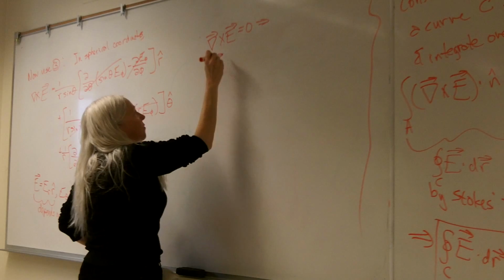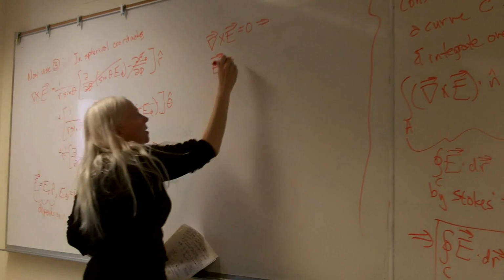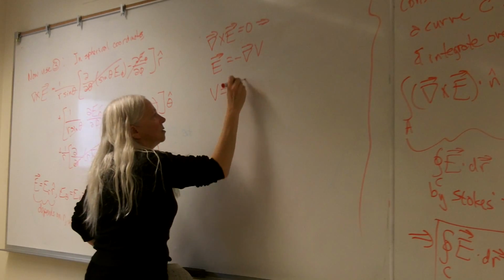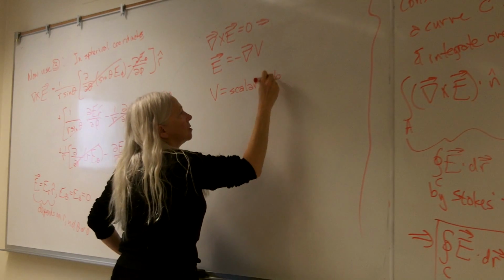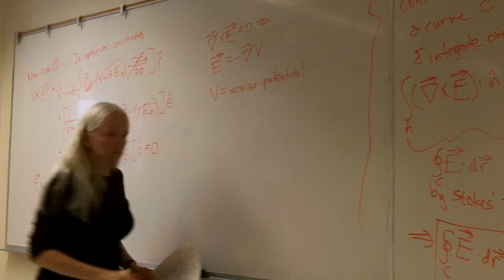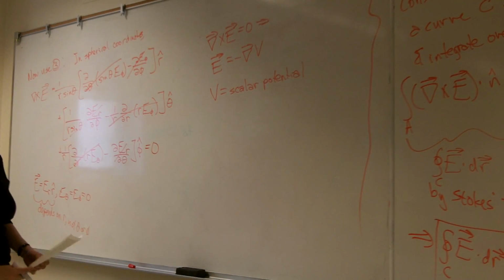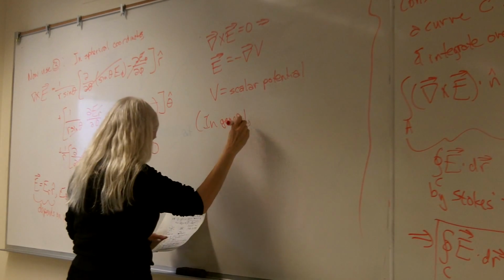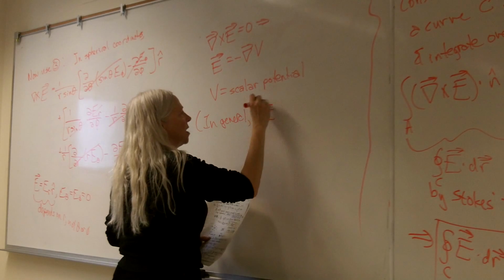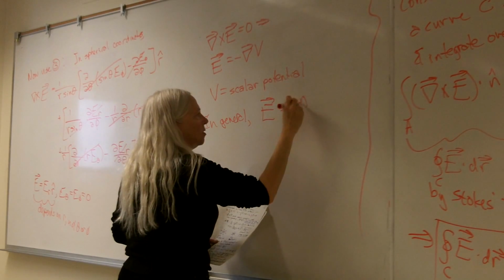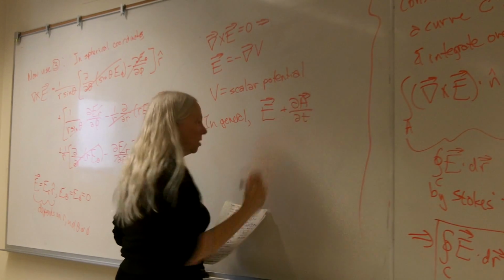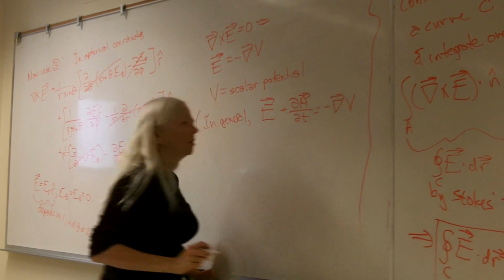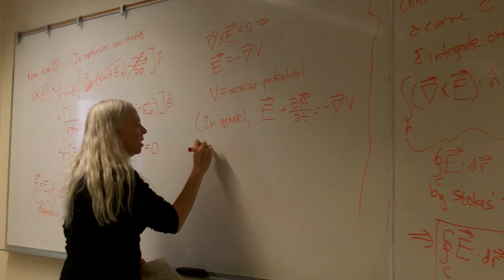And as we pointed out before, this means that E is minus the gradient of some scalar potential V. Now, more generally, remember we said that E plus the derivative of a vector potential with respect to time was equal to minus the gradient of a scalar potential.